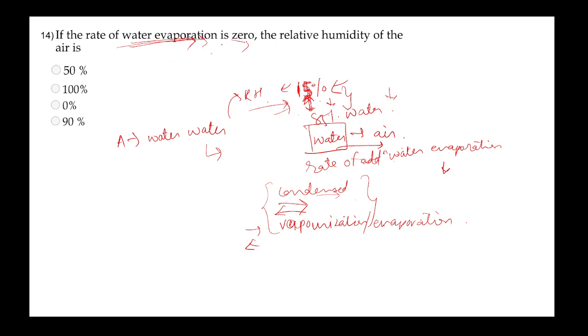It occurs when the air is saturated, so at that point the relative humidity is said to be 100%.